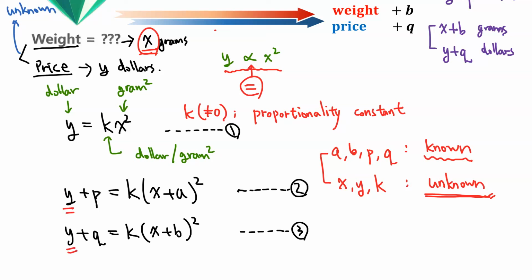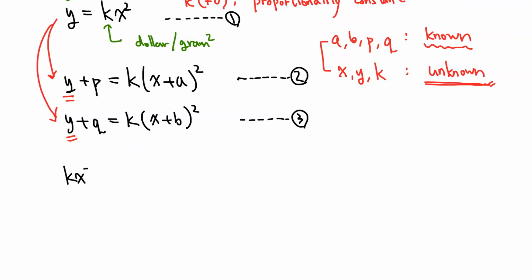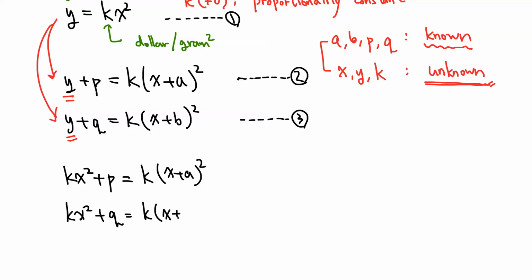First, to eliminate Y, we simply substitute the first equation into the second and third equations, which gives KX squared plus P equals K times (X plus A) squared, and KX squared plus Q equals K times (X plus B) squared.